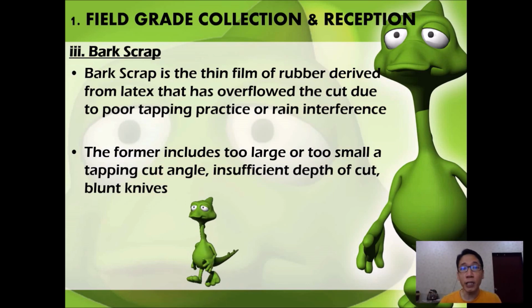However, with poor tapping practices, most probably your groove is not deep enough, so the latex overflows from the groove and produces bark scraps. And the second reason why bark scrap is produced is due to rain interference.